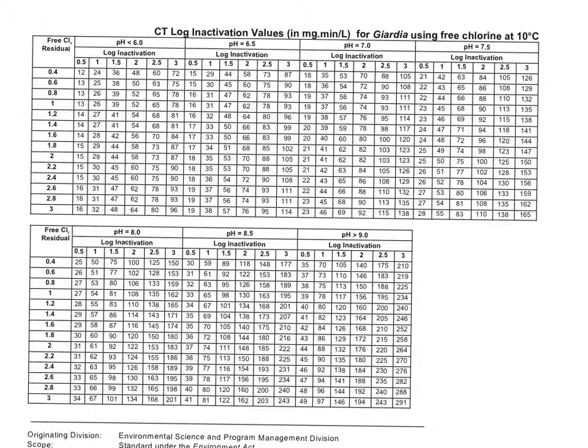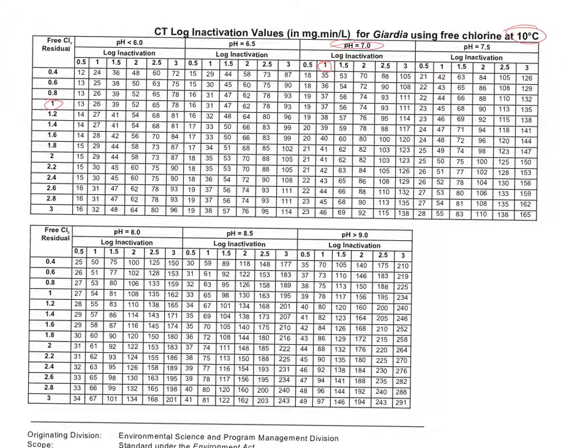here we have a table for 10 degrees Celsius. We're at pH 7 here. We want 1 log inactivation of Giardia cysts, and our chlorine residual is over here at 1 milligram per liter.